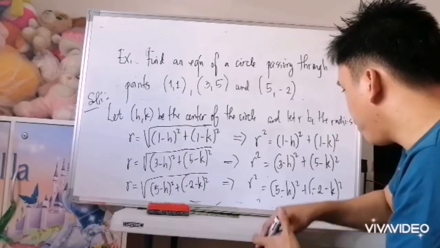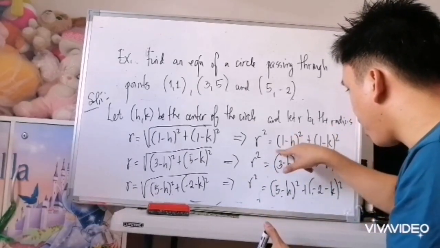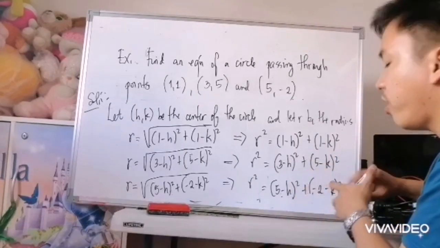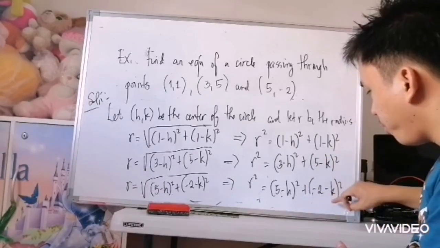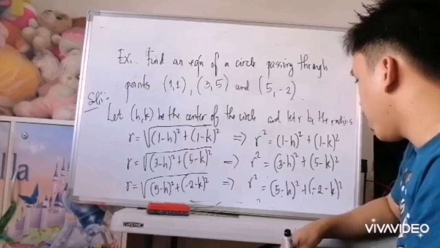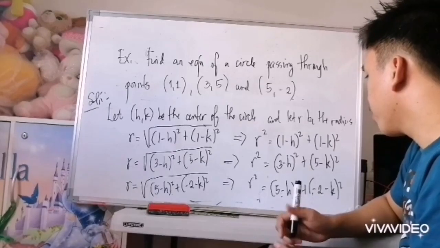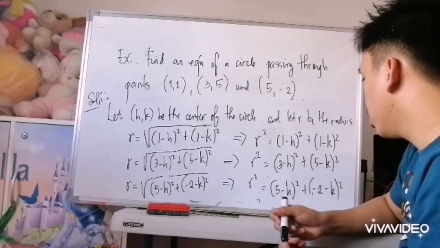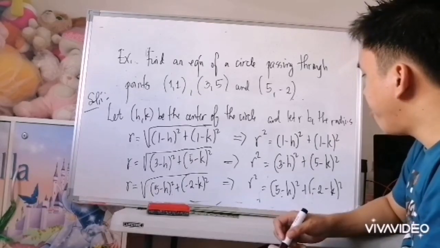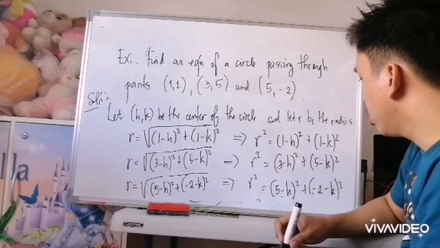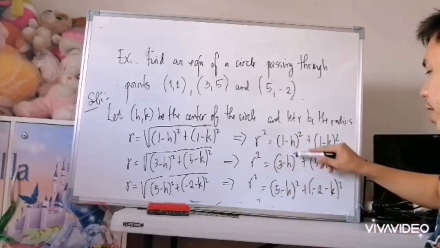What happened? This means that the expression on the right side of equation 1 is the same as the right side of equation 2, and this is also the same as this. So I can equate these two here.